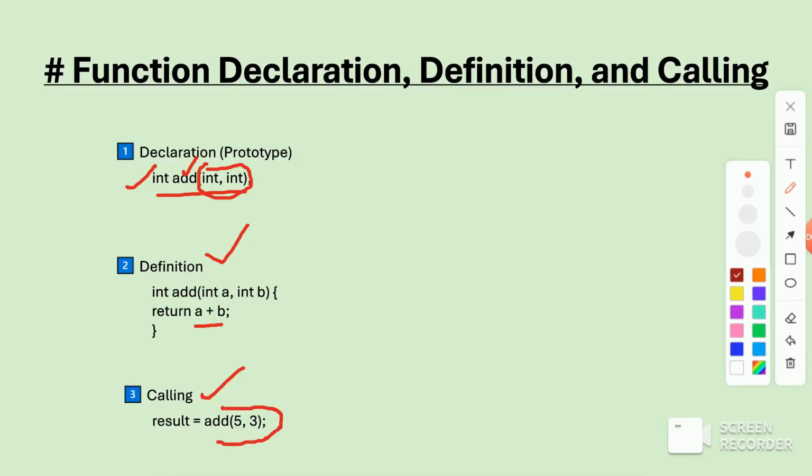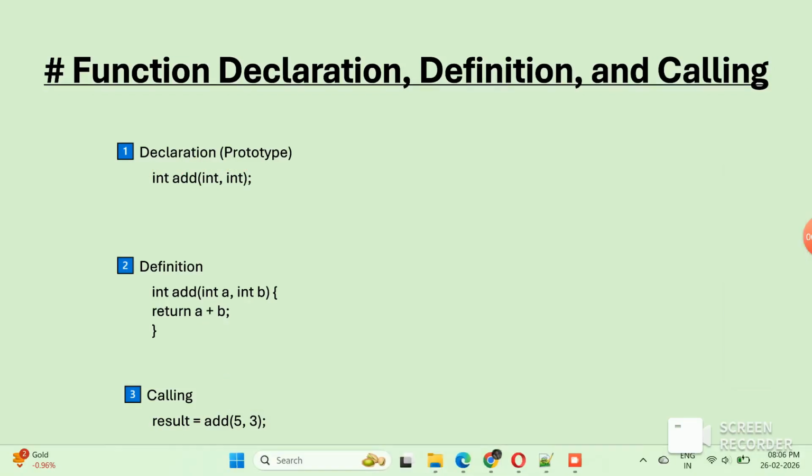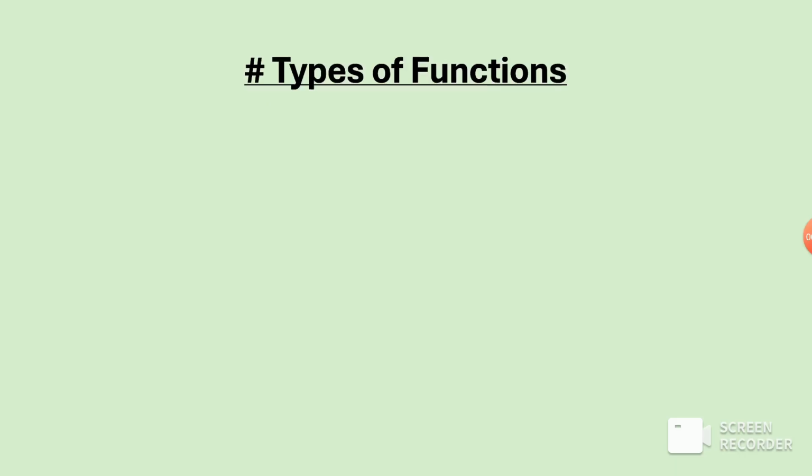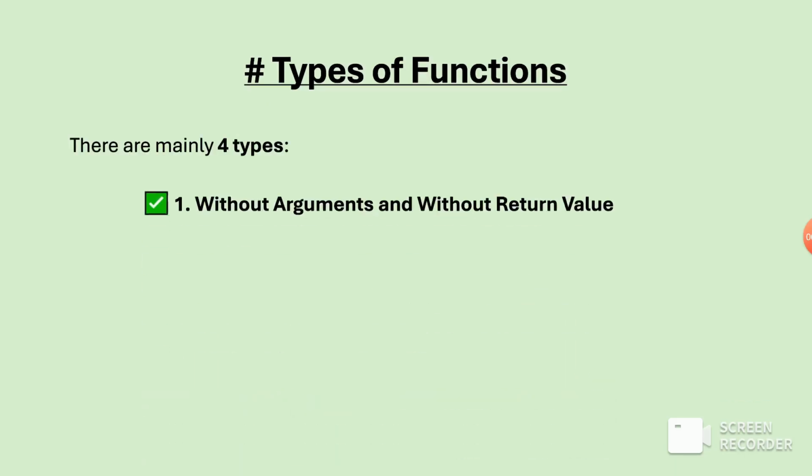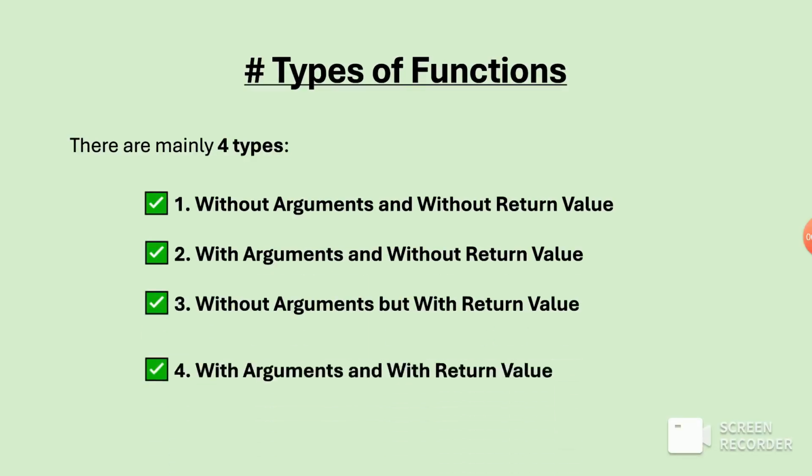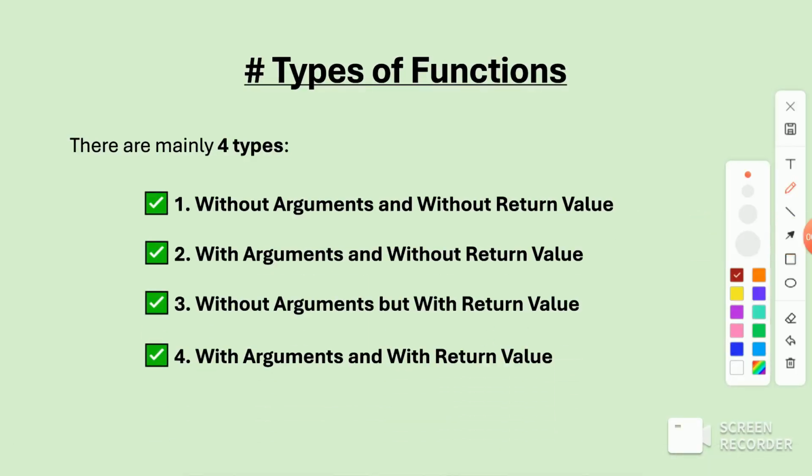Next slide, the types of functions. There are mainly four types of functions in C programming. First, without arguments and without return value. Second, with arguments and without return value. Third, without arguments but with return value. And fourth, with arguments and with return value.